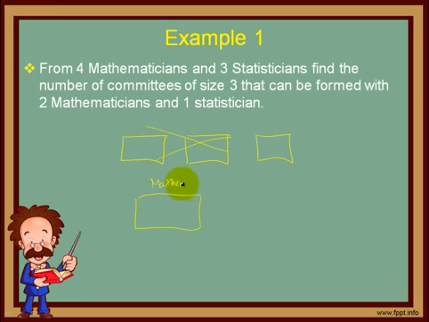then pili na pud sa statistician. Meaning, how many ways makapili ta og 2 mathematicians then isa ka statistician out of kana nga grupo.